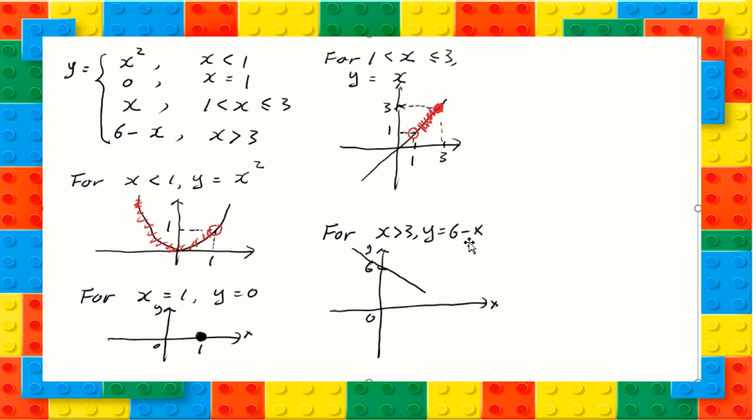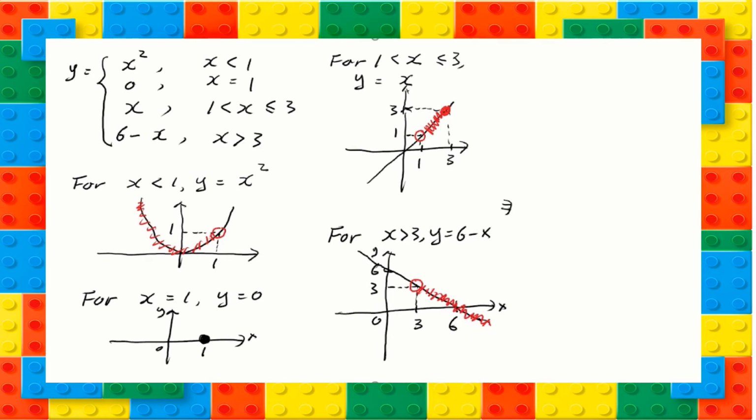When y is equal to 0, x is 6. So we get this straight line. Then we mark the part of the graph that we want, that is x greater than 3, not included 3. So this is the region that we want.